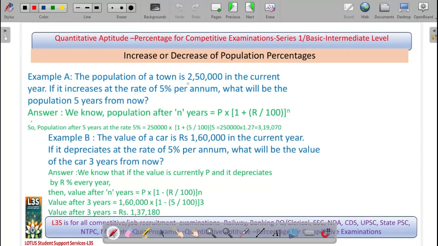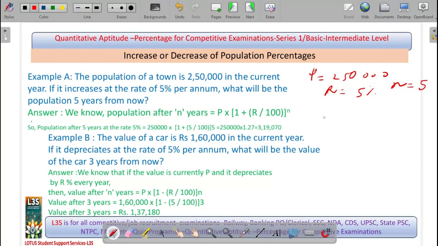So P is 250,000, R is equal to 5%, N will be 5 years.